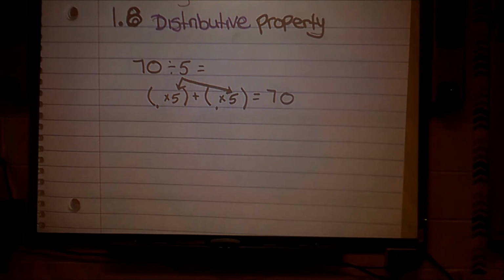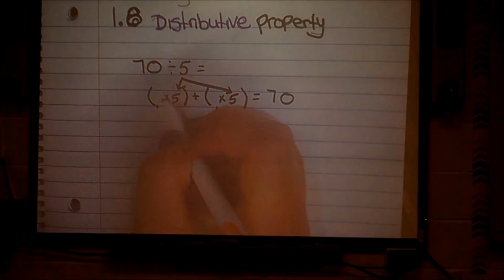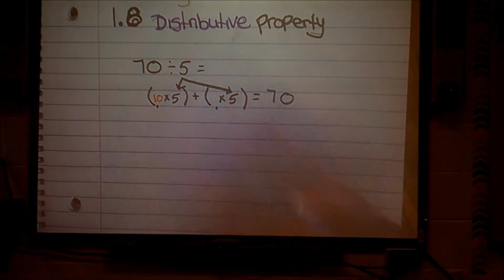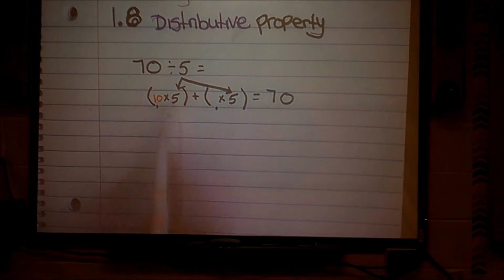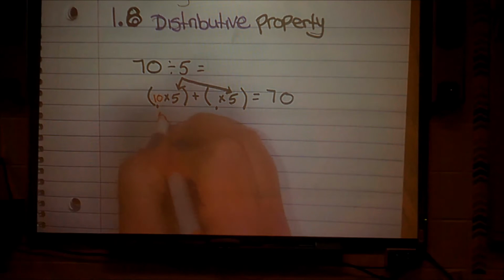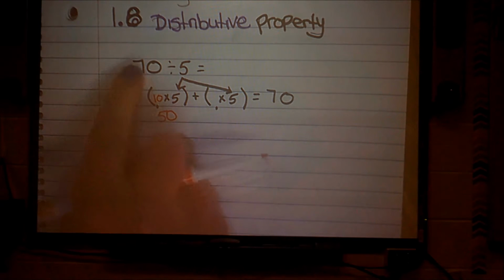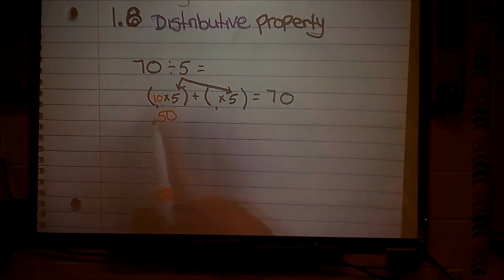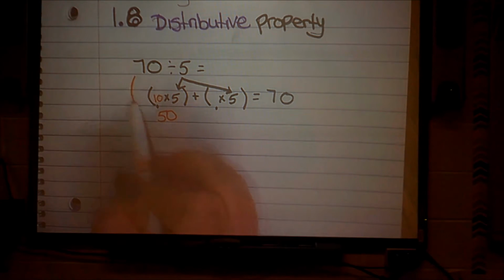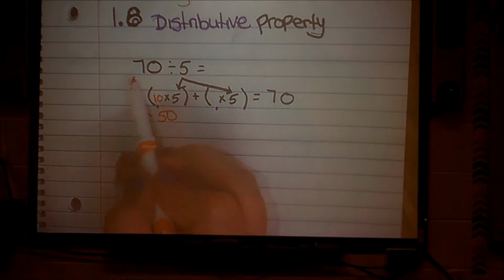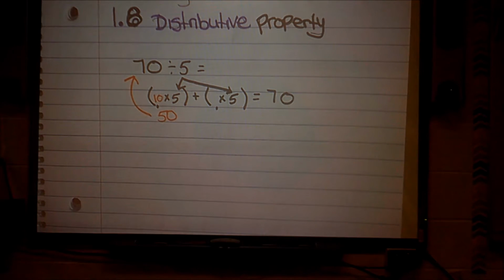And I'm going to ask myself, what number times 5 gives me a number close to 70 that I know in my head? Well, personally, I know 10 times 5 in my head, which is less than 70, but pretty darn close, right? 10 times 5 gives me a product of 50. 70 minus 50 leaves me with 20 left over to get to my 70.